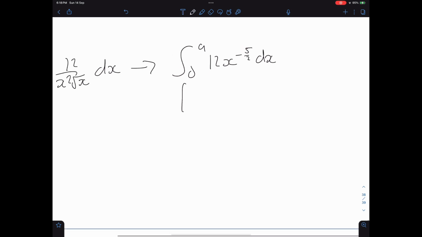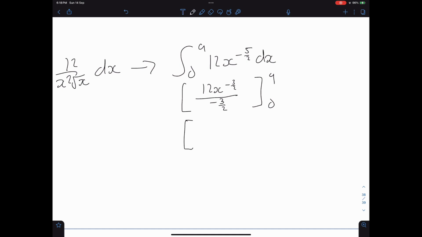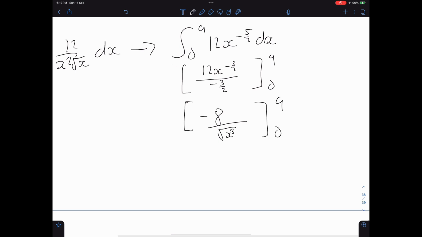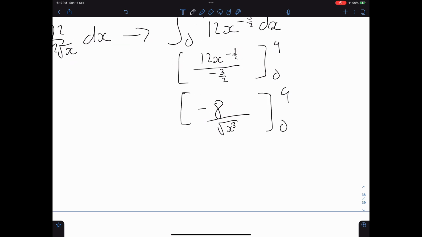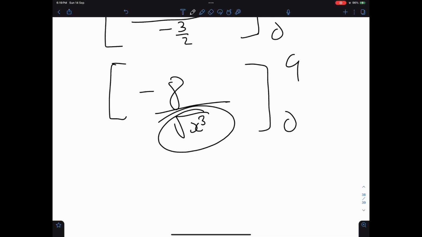And now we can try and integrate this. And then this becomes that. Now remember, we cannot divide by 0.